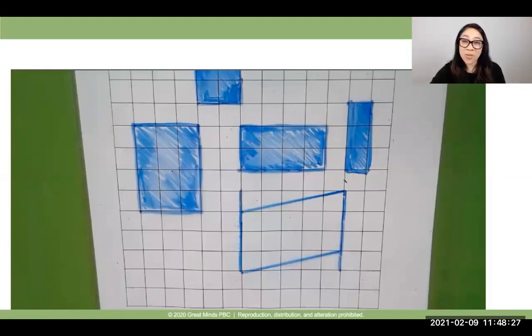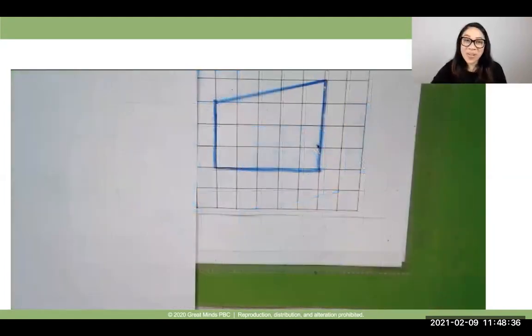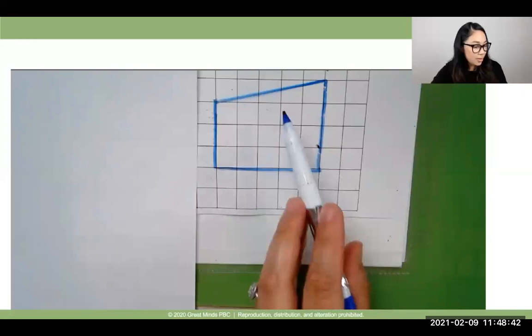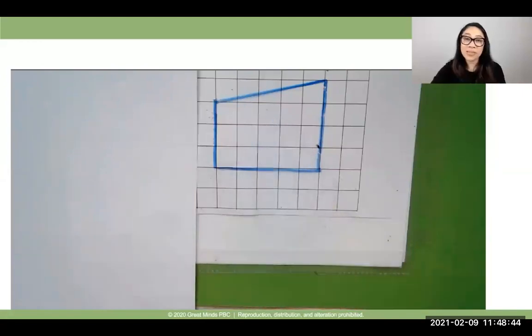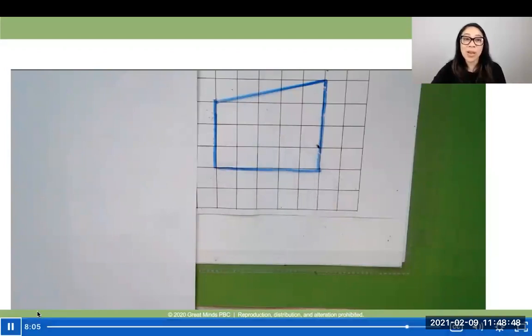Once you've thought of how you could do this, go ahead and change your figure. We'll compare afterwards. Welcome back. Here you can see I changed the figure. I made the third and fourth segments not parallel. It's now a trapezoid that has only one set of parallel lines.